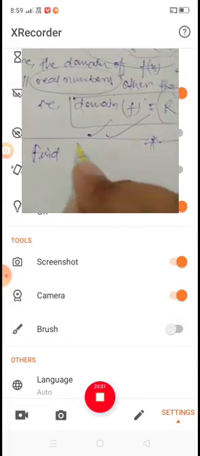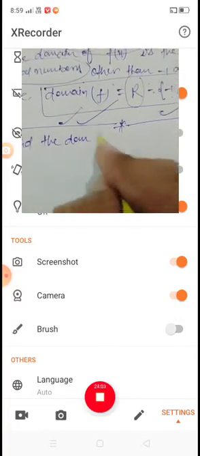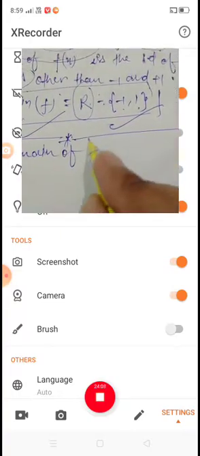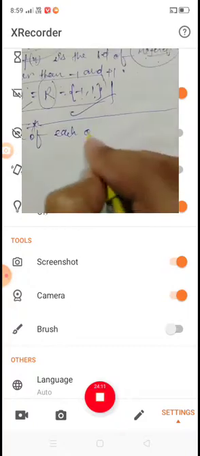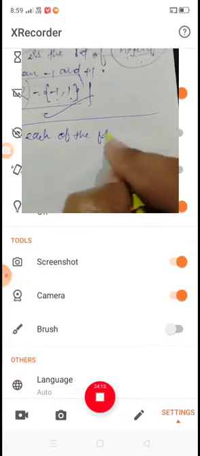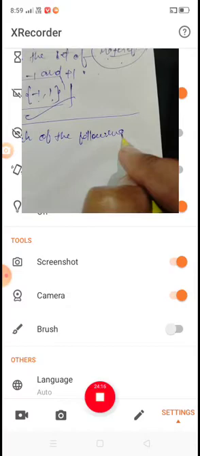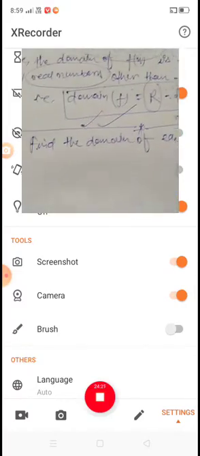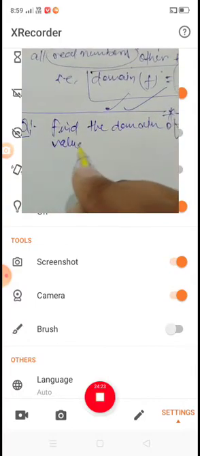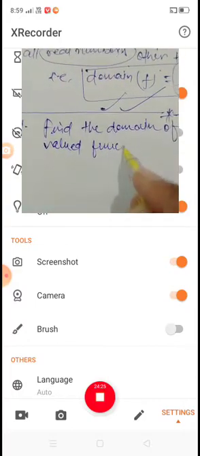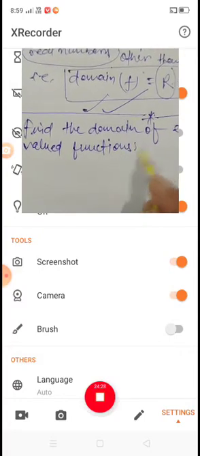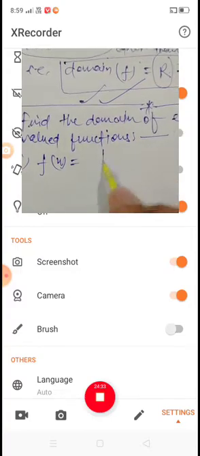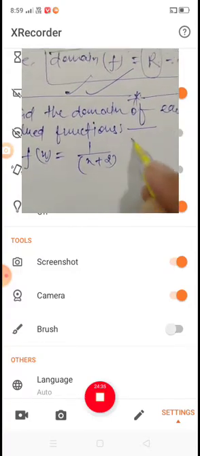Find the domain of each of the following real valued functions. First one is f of x is equal to 1 upon x plus 2.